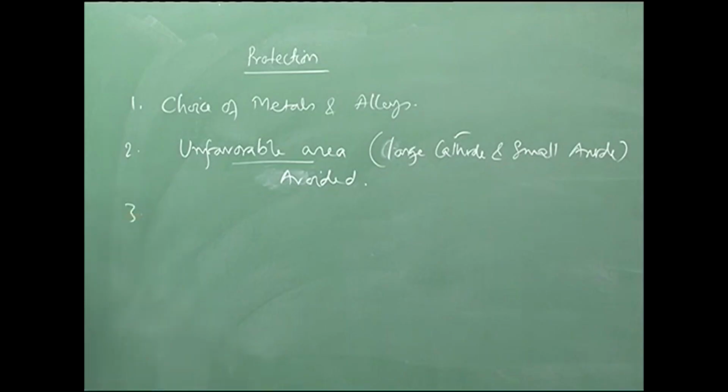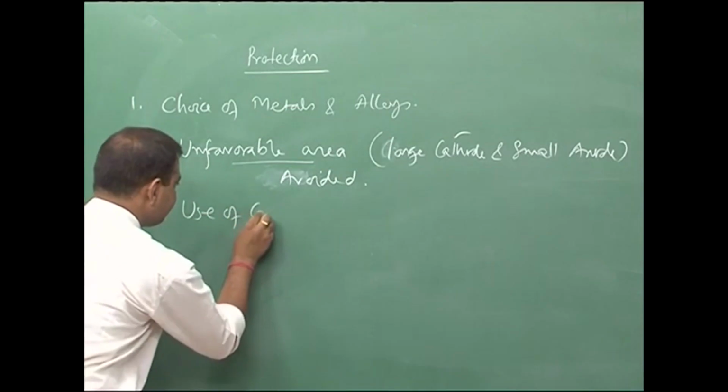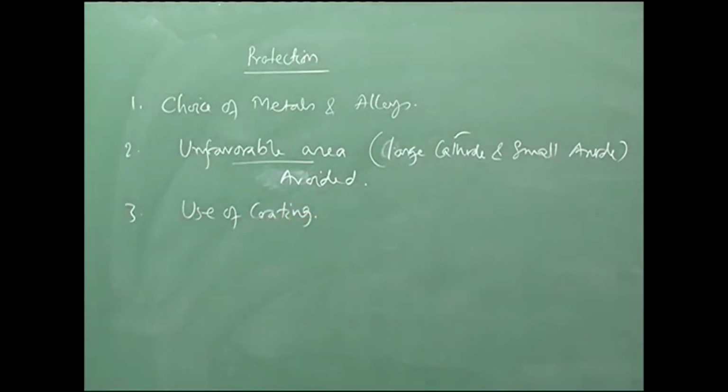Then third is use of coating. In the use of coating, if we simply coat the cathodic area, exposing the anode surface, we can have very good protection.